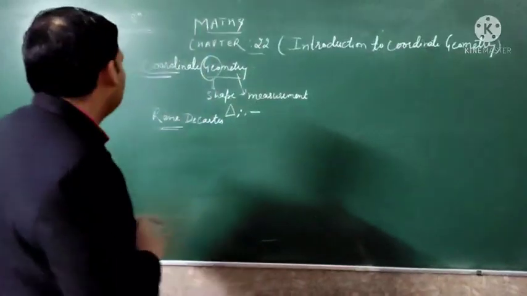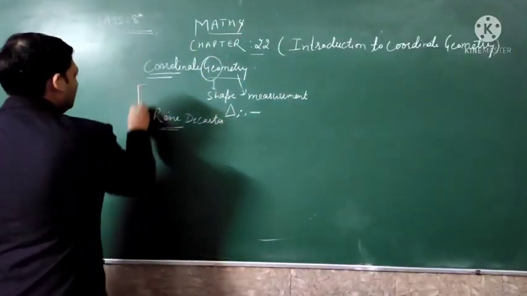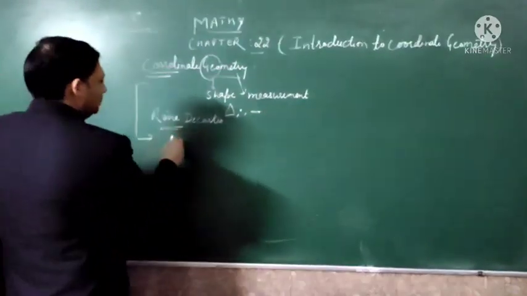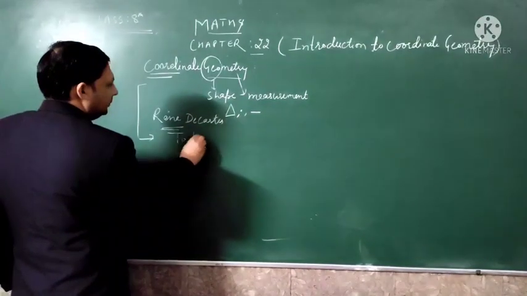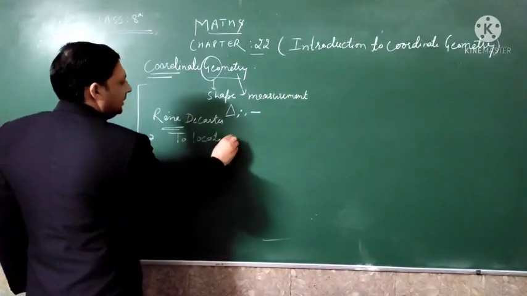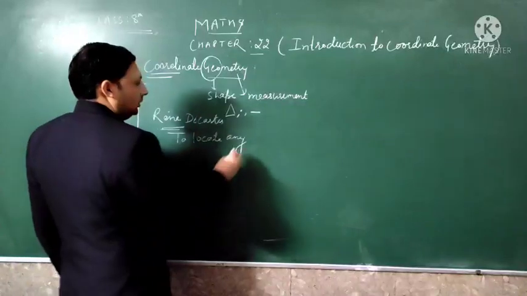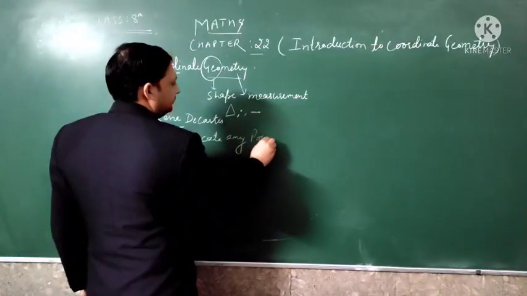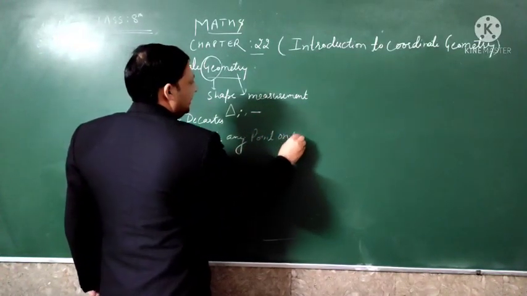So what is coordinate geometry? Coordinate geometry means to locate any point on the plane.